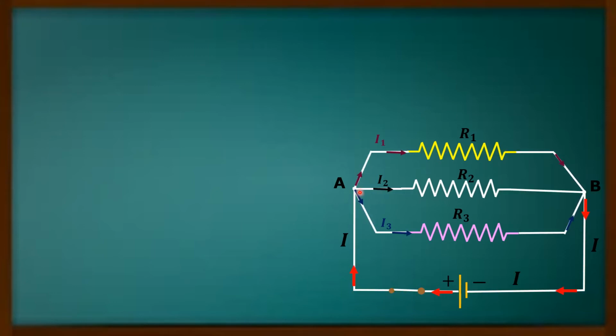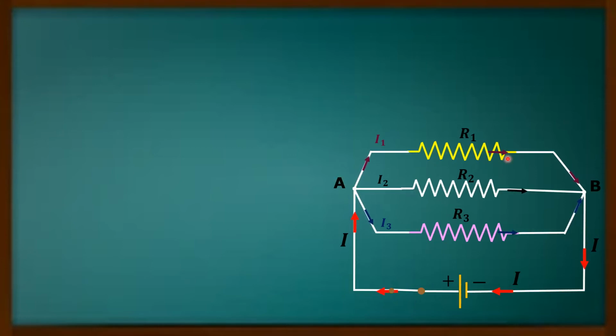At point A, I1 current is flowing through R1, I2 current is flowing through R2 and I3 current is flowing through R3. Again, these three currents will join at point B and flow as the total current in the circuit.